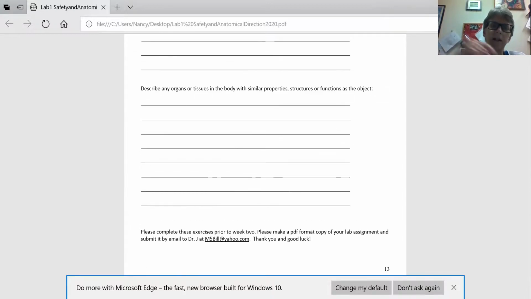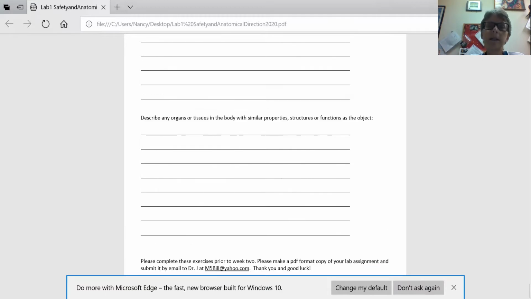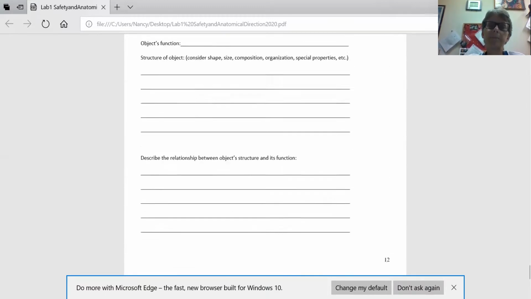And then at the end here, you're not going to mail your labs to Dr. J. You're going to send them to me. If you are working off a hard copy in your lab manual, you can, if you have a scanner, scan those into your computer and send them as a PDF or a doc file, whichever you can do. If you don't have that, then you can take a picture of them on your phone and you can mail them to me that way.